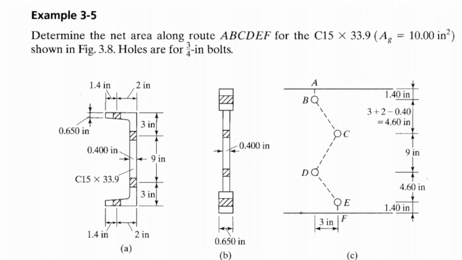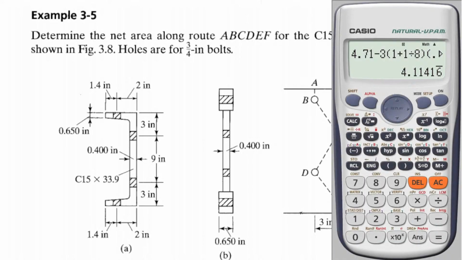Let us use our calculator again. 3/4 plus 1/8. If you are using mm, 1/8 is equal to 3.2 mm. Take note, 3.2 mm. 1/16 is equal to 1.6 mm.